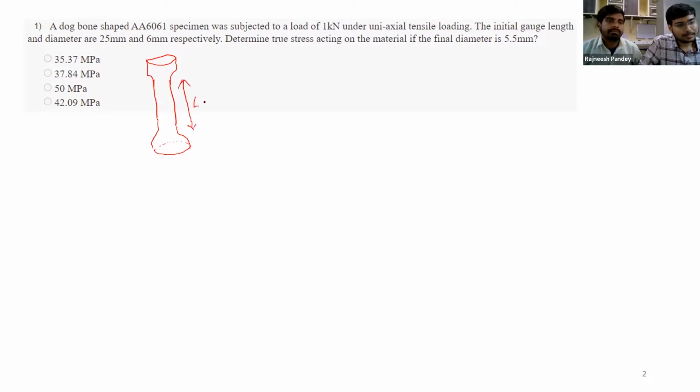This is the gauge length, L0, and the diameter of this section is known as D0. Here force F has been applied, which is a tensile load of 1 kilonewton. So we are given F equal to 1 kilonewton, or 10 to the power 3 Newton.